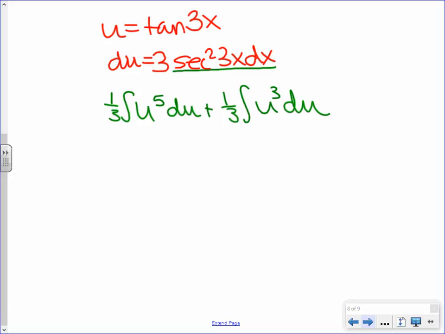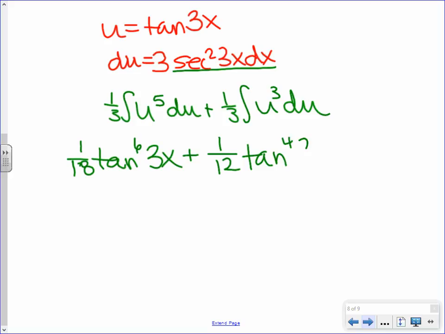So our antiderivative is 1/18 tangent to the 6th 3x plus 1/12 tangent to the 4th 3x plus c.